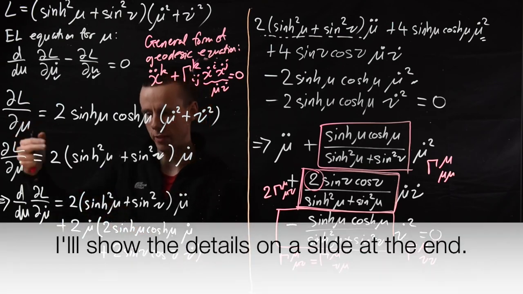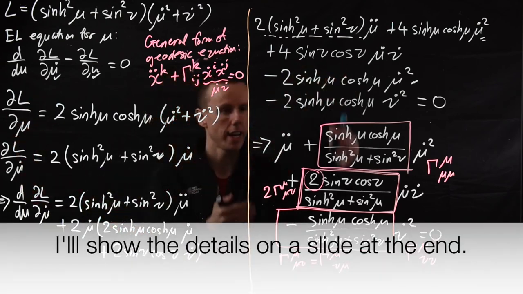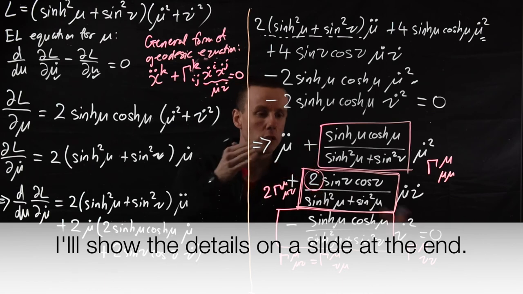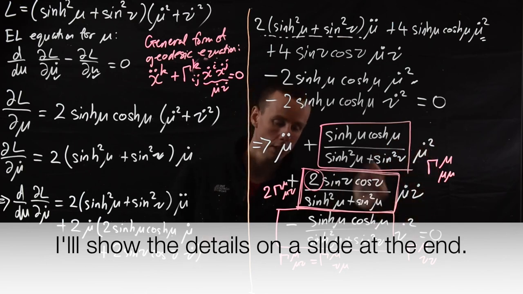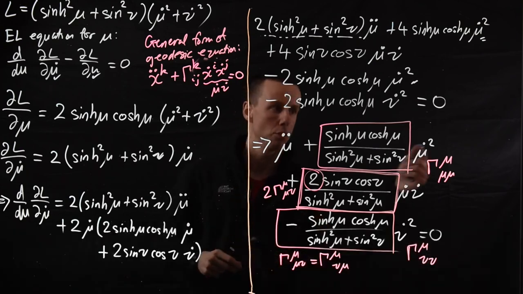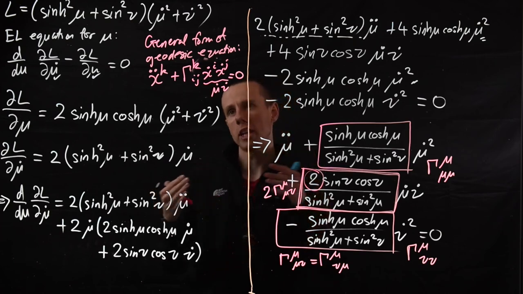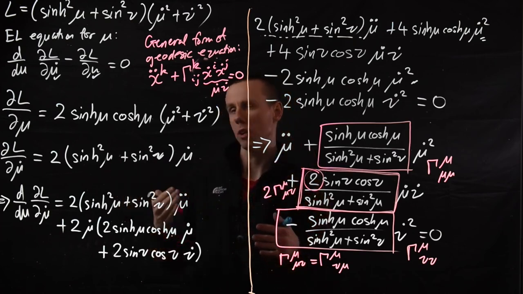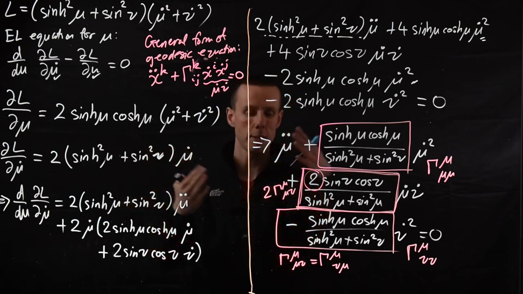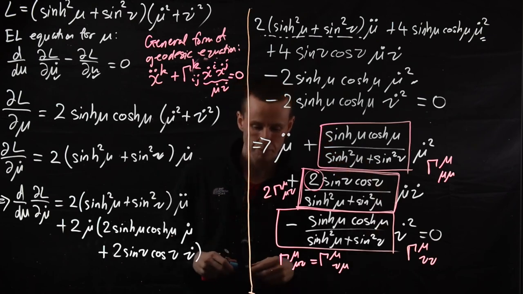So you'll just find the derivatives in the same way and plug everything in, and you will get the geodesic equation for the nu coordinate. So you'll end up with a nu double dot here, and then some coefficients in front of these guys. And from there, you can read off the Christoffel symbols that have the nu in the upper index. I won't do it here because the steps are very much the same. So it's really line by line, it's nearly all the same.